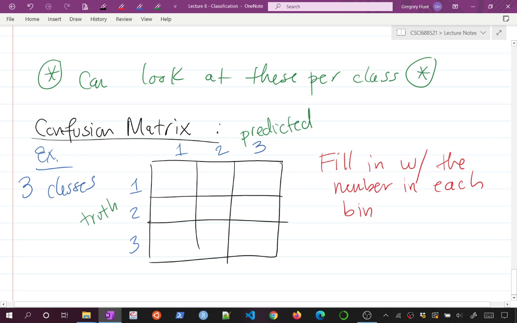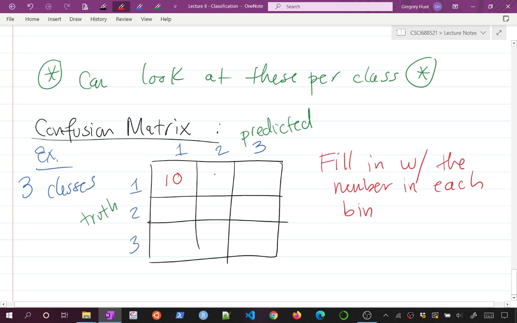So I'm going to run this on some data, training data, test data, whatever, and I'm going to get predictions, and I'll know the truth. Then I'll fill in, say, in my data of the things that are truly in class 1, I predict 10 of them to be in class 1.